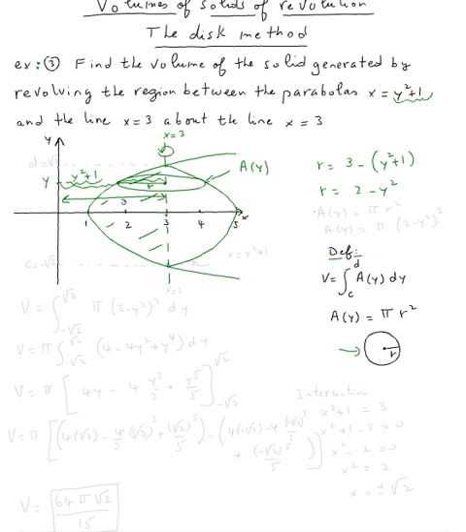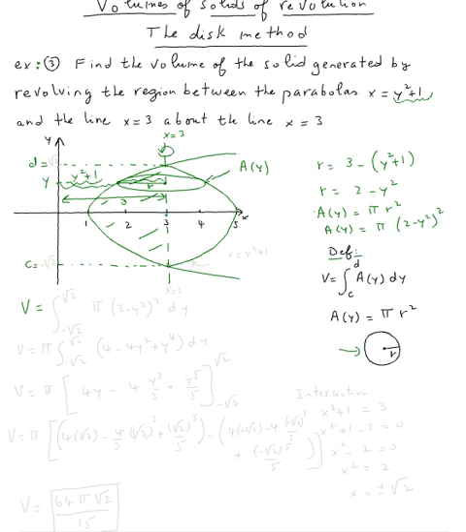Therefore, A of y, like always, is pi times r squared, which is equal to pi times 2 minus y squared, squared. So now we do the volume. This time we want the volume to go from this c, this is what we mean with c, to this d.